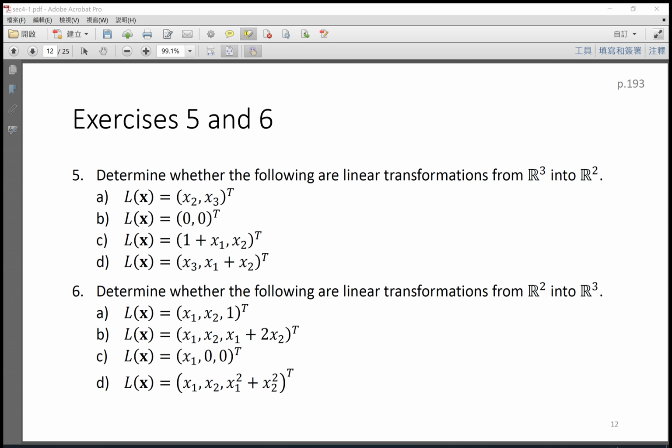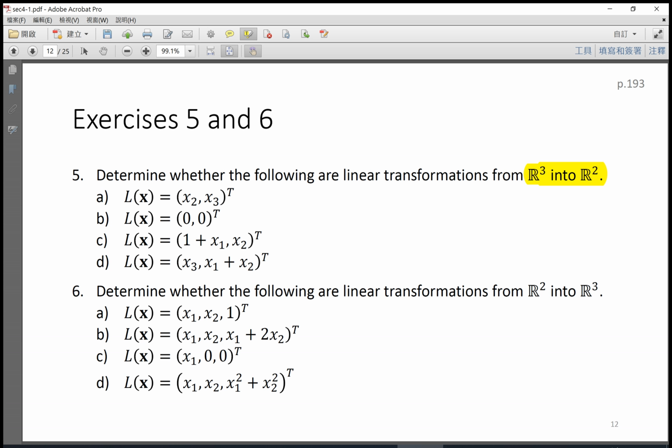Let's see exercise 5, which is on page 193 of the textbook. Determine whether the following are linear transformations from R^3 into R^2. The input is a vector in R^3, while the output is a vector in R^2.